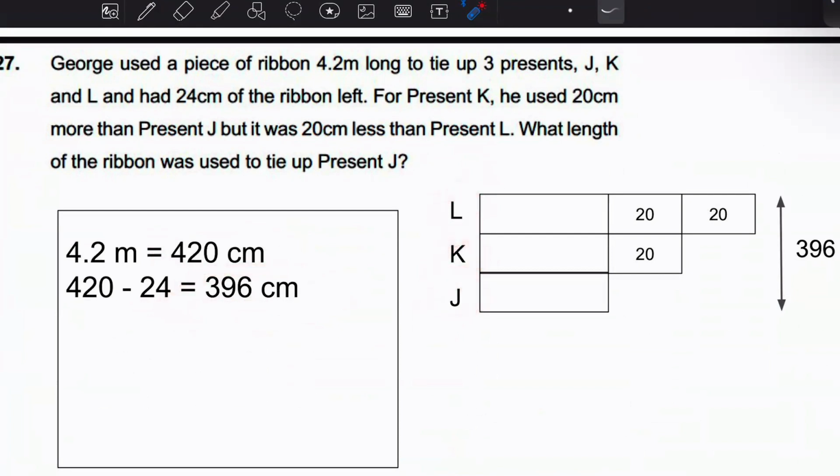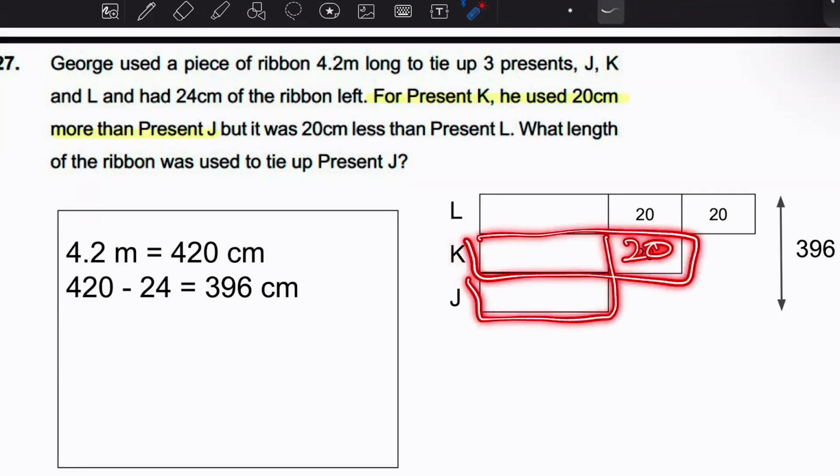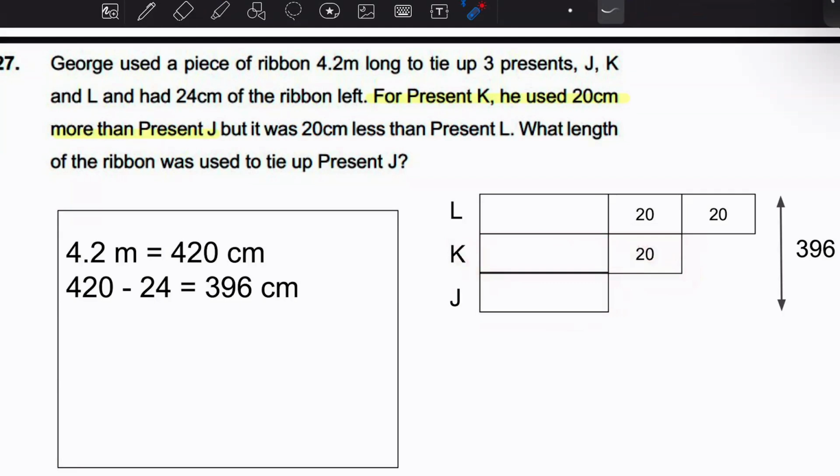So in my model here, let's look at the first statement. For present K, he used 20 cm more than present J. So I draw this first. Present K, 20 cm more than present J. Next, however, this present K is 20 cm less than present L. So L is larger than K, right?